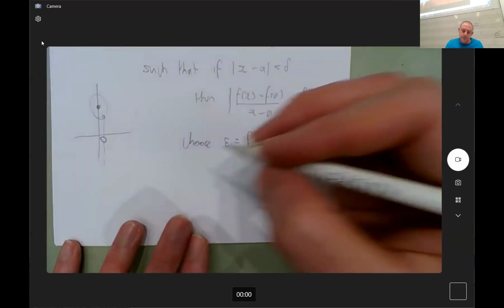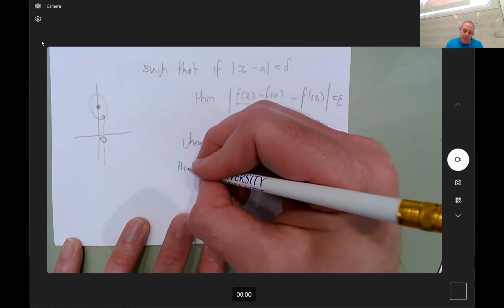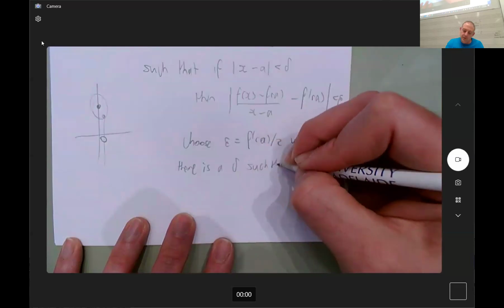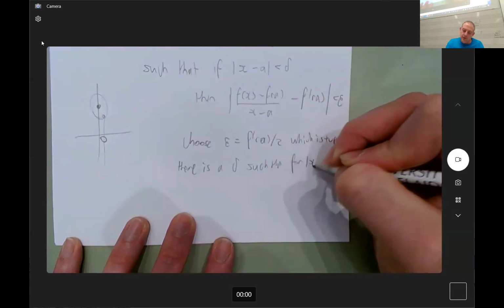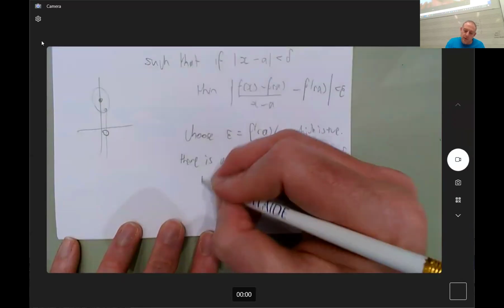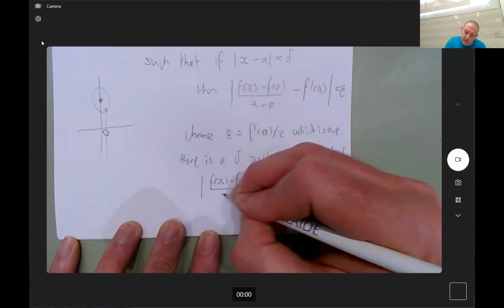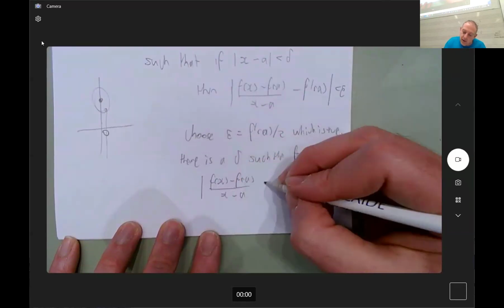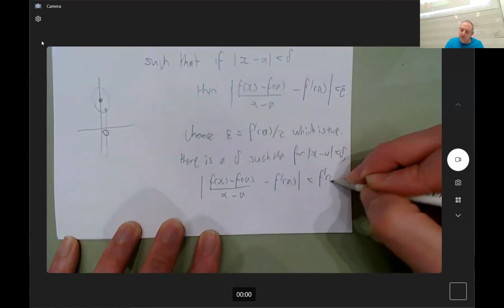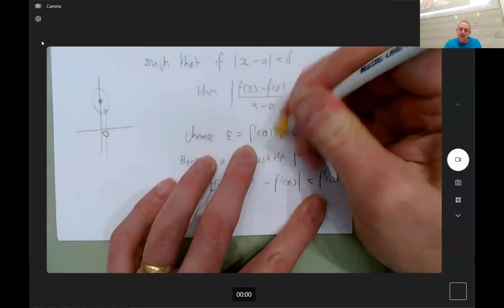And then there is a delta such that for x minus a being less than delta, (f of x minus f of a) over (x minus a) minus f dashed of a is less than f dashed of a on 2. Doesn't even need to be f dashed of a on 2, I can just do f dashed of a.